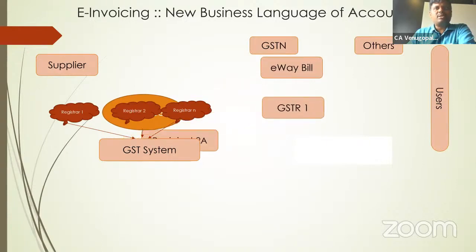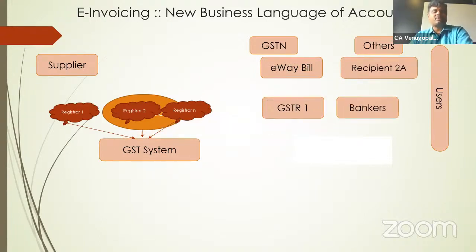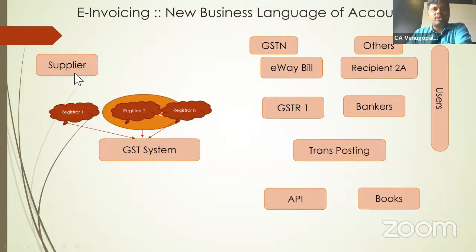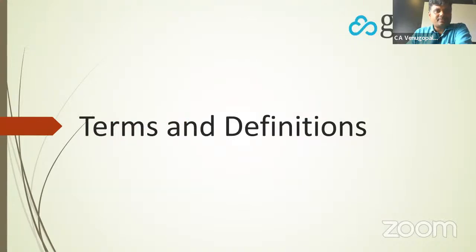It will also publish to GSTR1, which means it is live and available to the recipient in GSTR2A. It also has a facility to connect to bankers for banking and other activities. The transaction posting can happen automatically to the books of accounts through an API. So the e-invoicing system is more robust and more sophisticated.